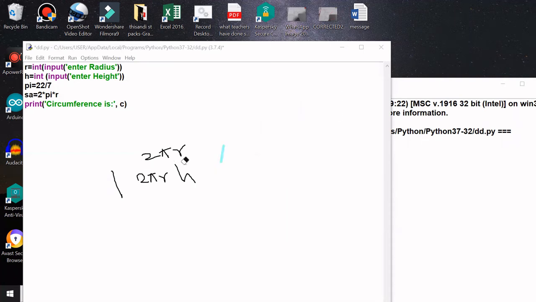Now we can find it. Here you put surface area equals 2 times pi r squared, that is the surface area of the two circles.